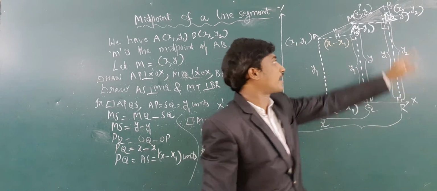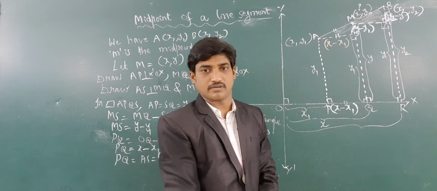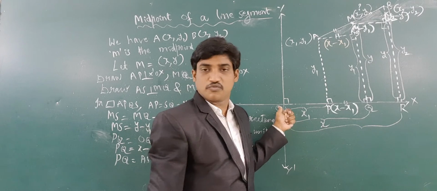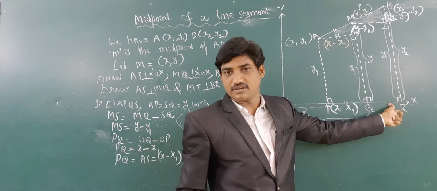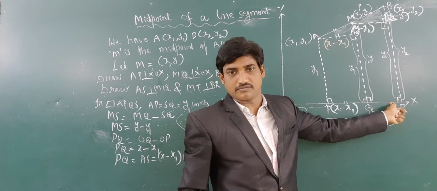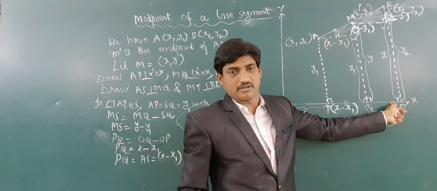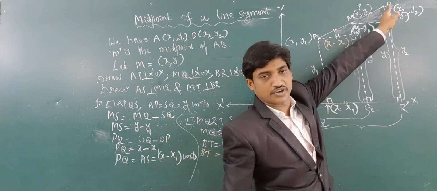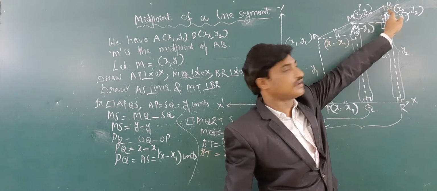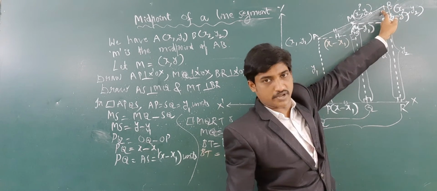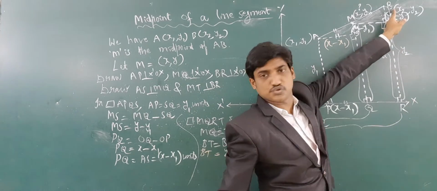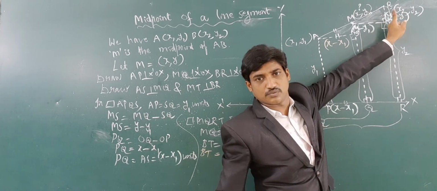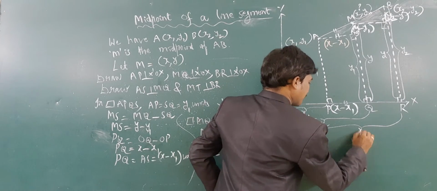To determine the point B, we start from origin and move x2 units, then take a turn vertically, move y2 units, then we reach the point B. So OR length is x2 units.